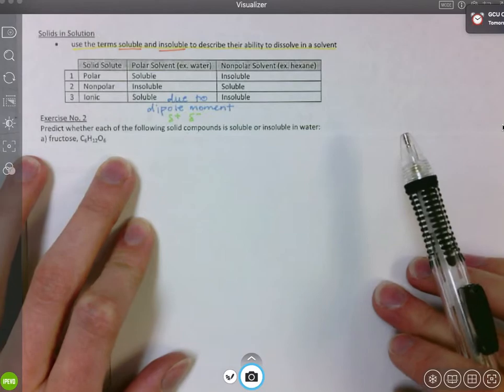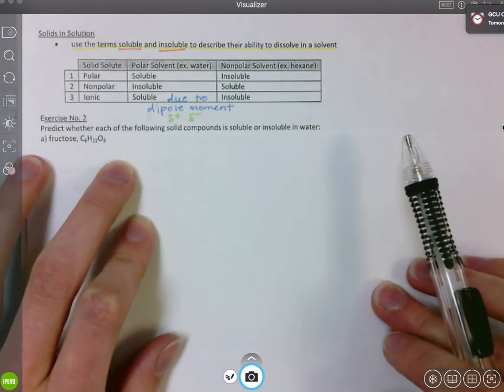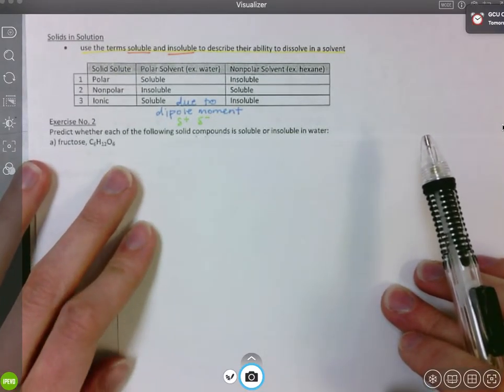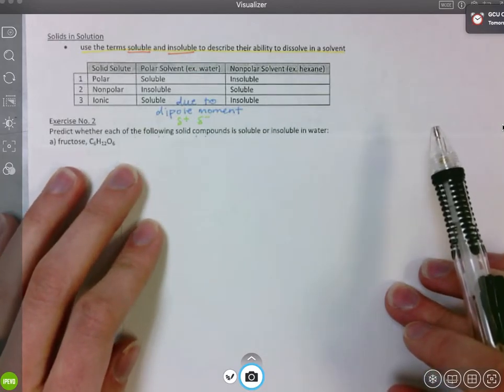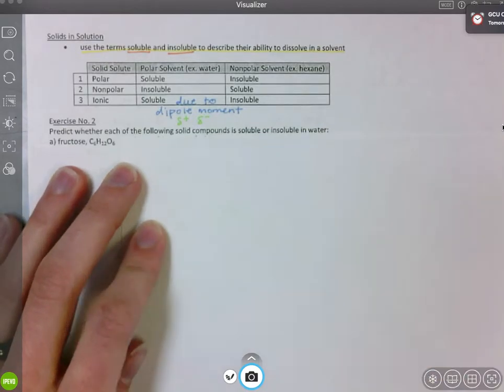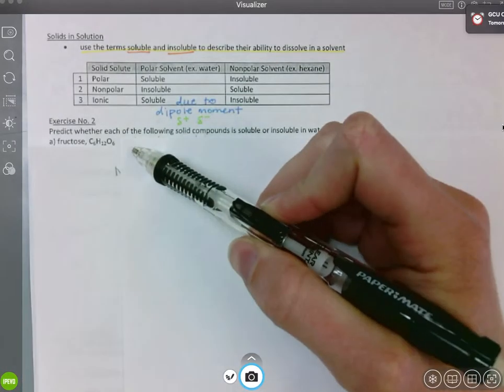Okay, so carbon-hydrogen bond, nonpolar, but we got oxygens in the mix. And typically with big molecules like fructose, glucose, and sucralose especially, we don't have perfect symmetry. So these polar bonds, the polar carbon-oxygen bonds, are going to mean that we have a polar molecule.